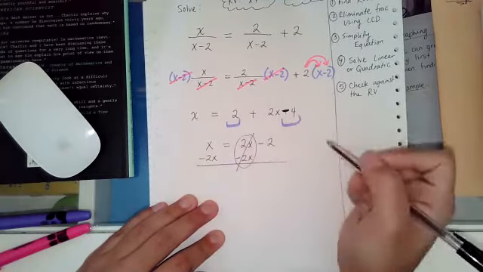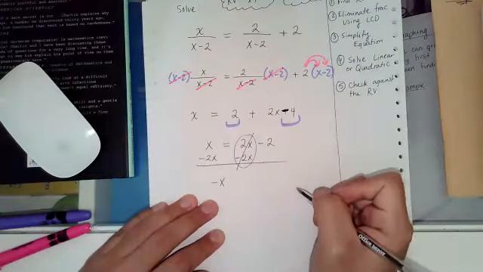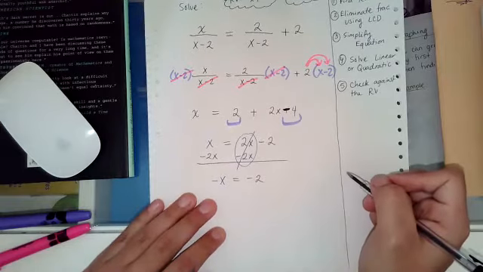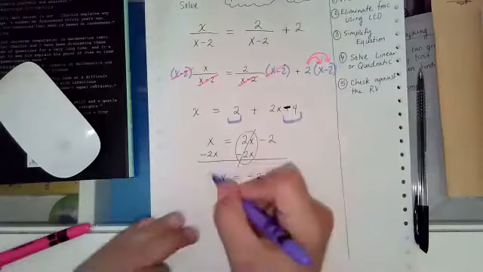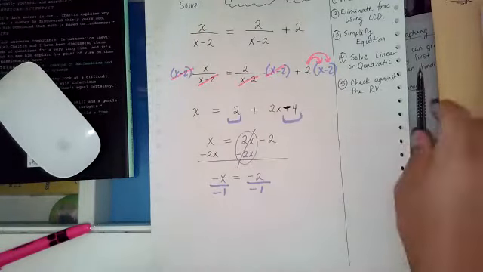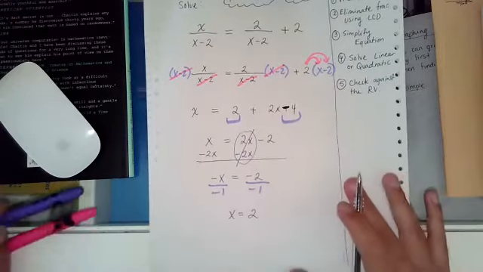These cancel out. This will be negative x is equal to negative 2. Then if we divide both sides by negative 1, we get rid of the negative sign. So x is equal to 2.